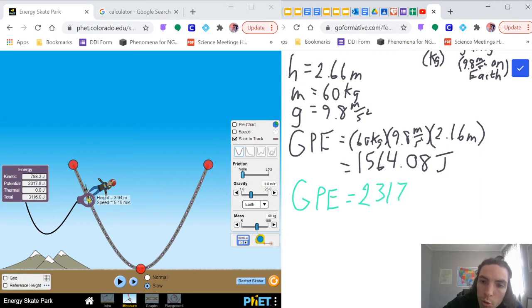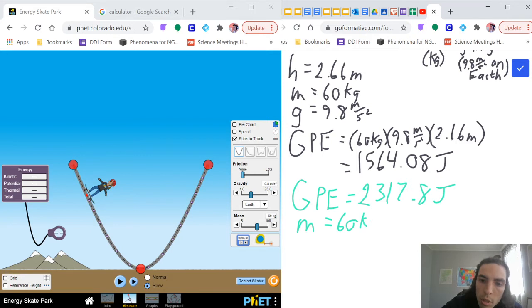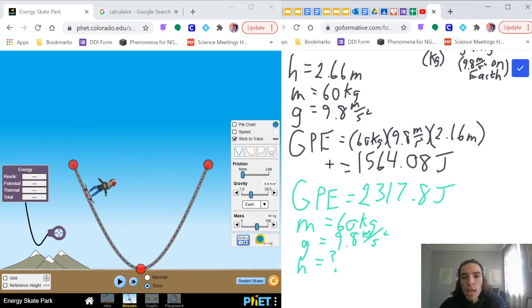Again, I'm sure that's a rounded number, so the simulation just shows us one decimal point. And then we want to know, if this person's mass is still 60 kilograms and our gravity is still 9.8 meters per second squared, how high up they're going to be when they achieve this potential energy. So that's our unknown here now instead of the potential energy.